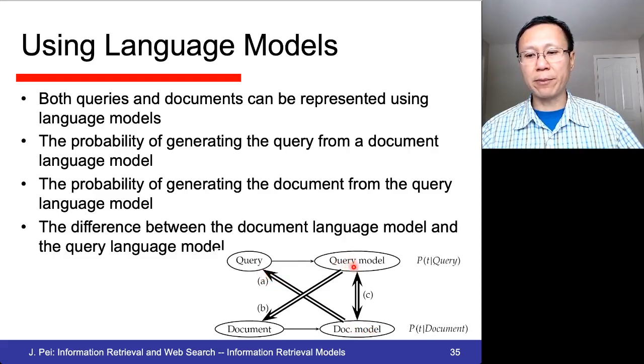We may also compare the query model and the document model as two distributions. Those different ways are used by search engines to produce the rankings of documents against one specific query.